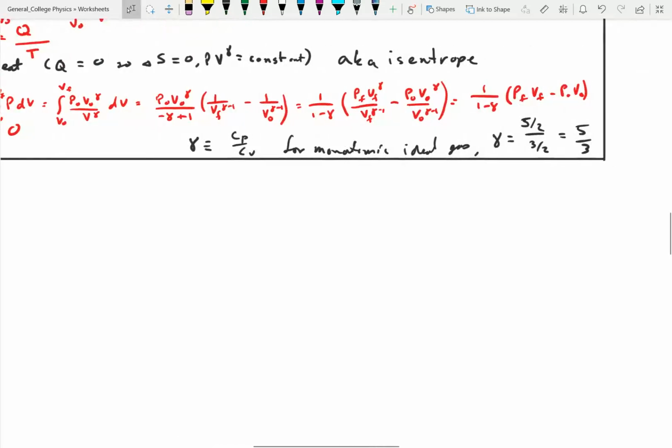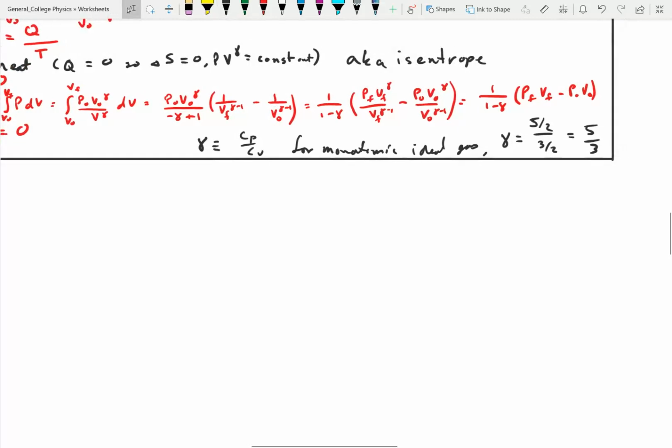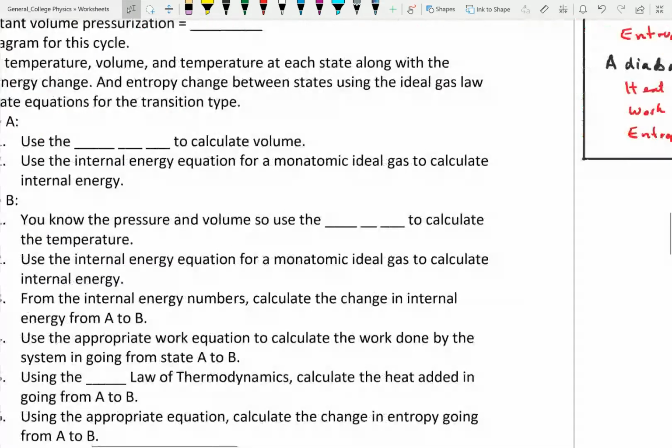Anyway, then you just carry through the algebra. I replaced P initial, V initial to the gamma with P final, V final to the gamma for the term that had a V final. And I get a fairly simple equation in the end for the work for an adiabatic process. Okay, so let's get to the problem.